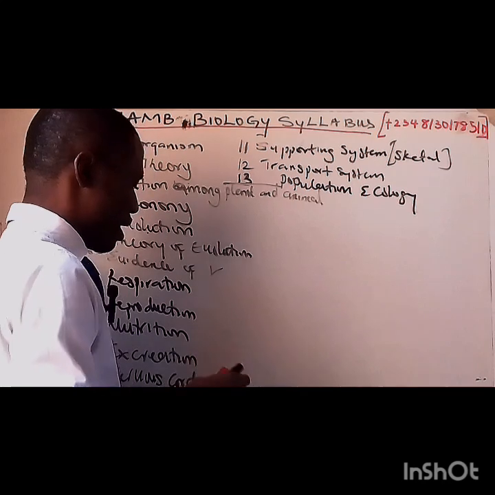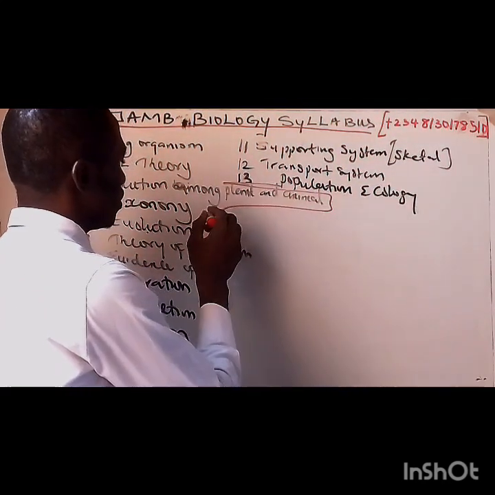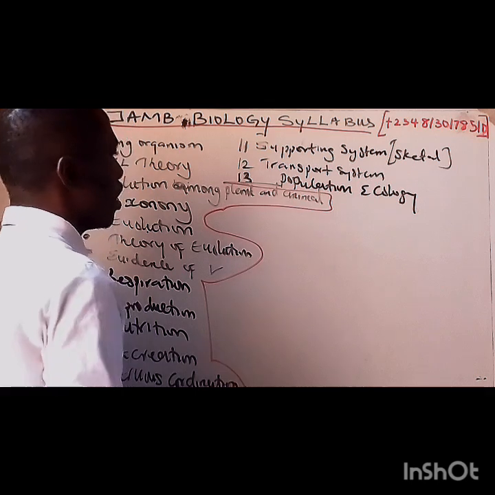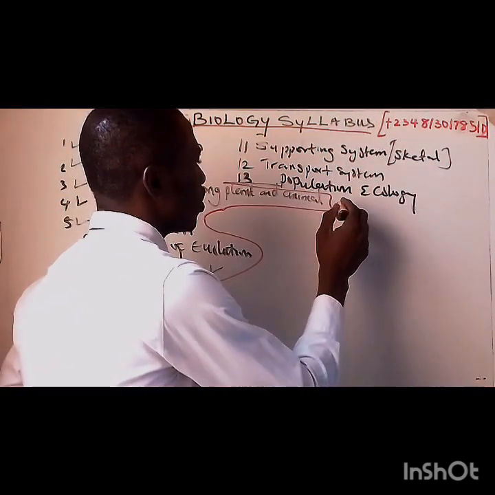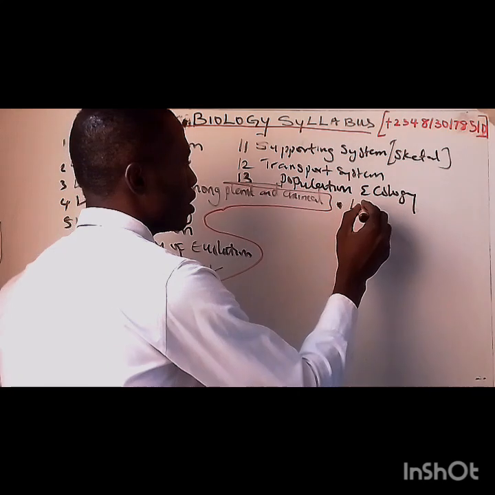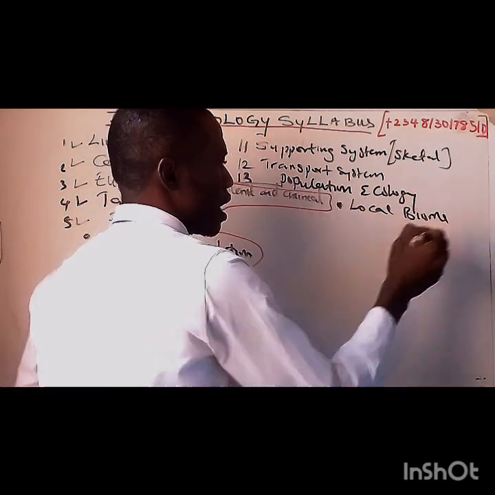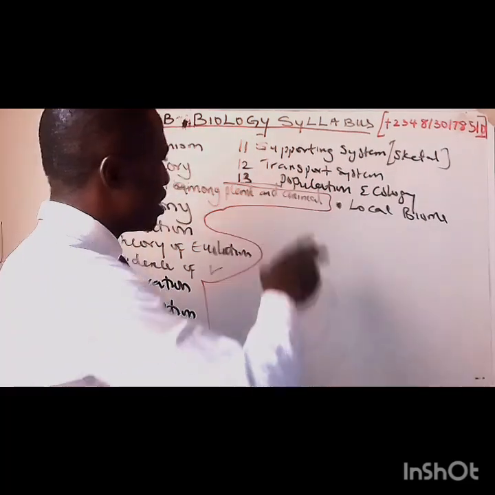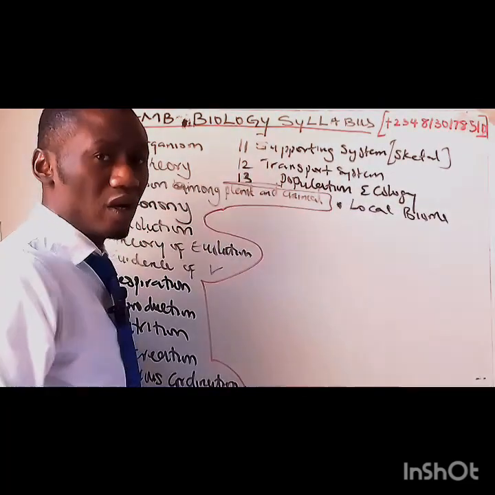Okay, let me divide it so that you won't confuse the two. Population ecology. Now, in this population ecology, you'll be talking about the local biome. Now, in some of the syllabus, they may call local biome another topic, all right? But it's still under population ecology, okay?